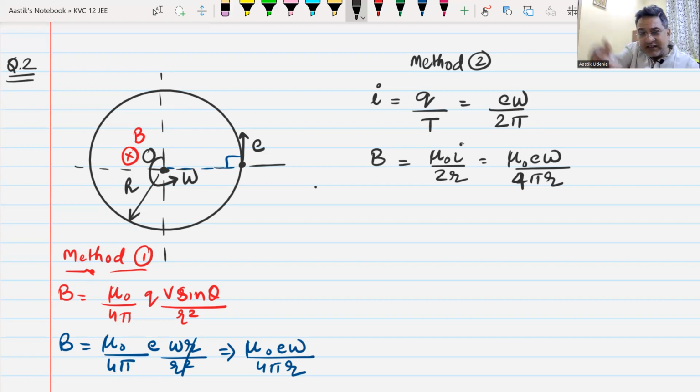So if I take the direction of current, the magnetic field is going inside. So whether I find it from method number one or method number two, I will end with the same answer. Do we understand this, or has this gone above our heads?